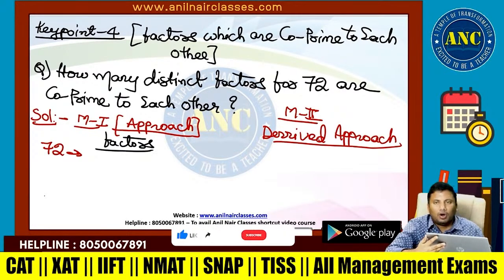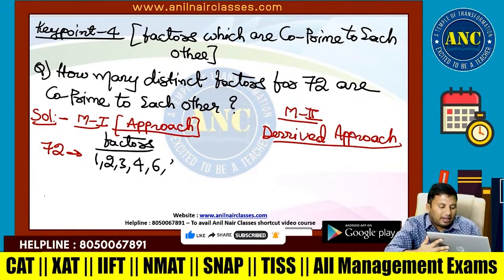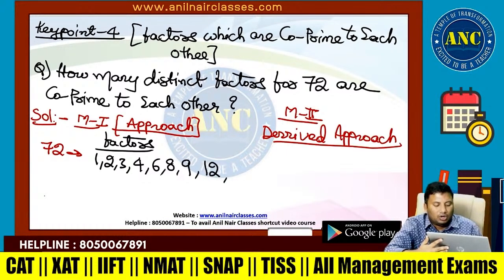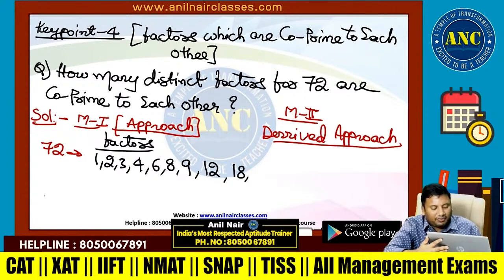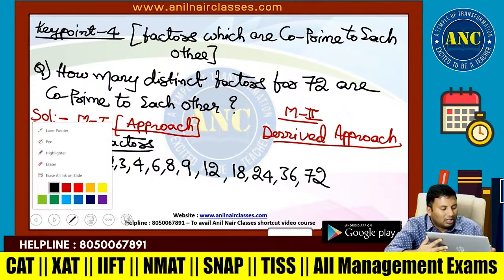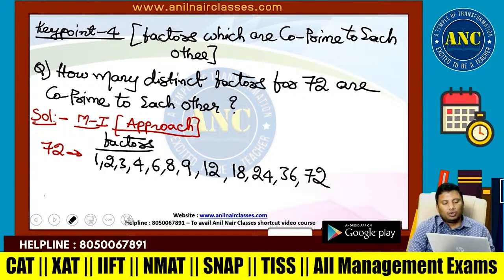Let me write down all the factors: 1, 2, 3, 4, 6, 8, 9, 12, 18, 24, 36, 72.